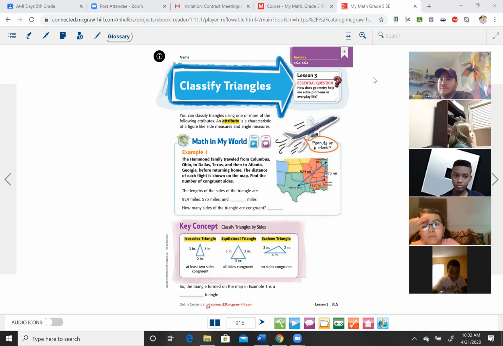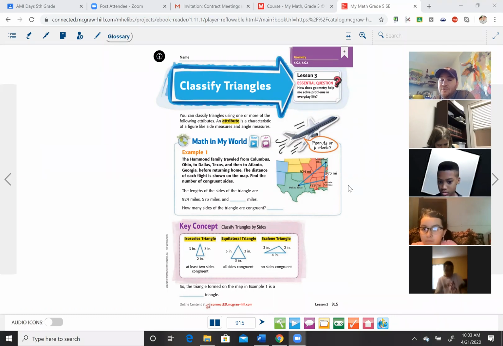There's going to be a couple of trains of thought on how to classify them. So let's go through example one. Example one reads, the Hammond family traveled from Columbus, Ohio to Dallas, Texas, and then to Atlanta, Georgia before returning home. The distance of each flight is shown on the map.